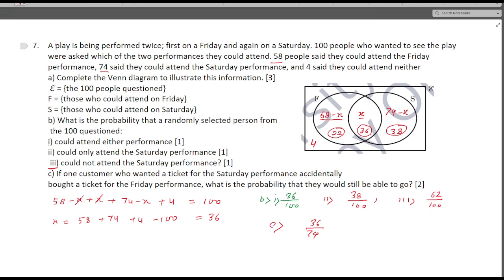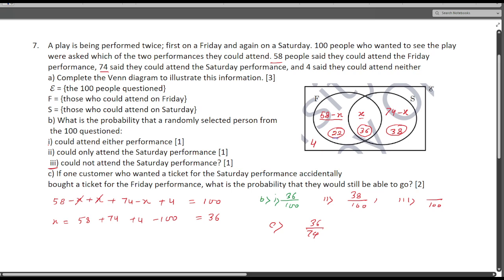Okay, right. Here it is not 62. It should be could not attend Saturday's performance. So a total of 74 people can attend Saturday's performance, so those who could not attend Saturday's performance will be this 22 and 4, that is 26. So 26 people out of 100 will not be able to attend Saturday's performance.